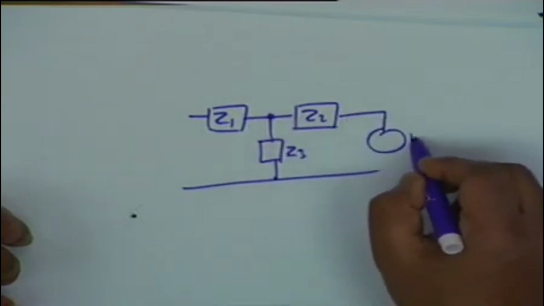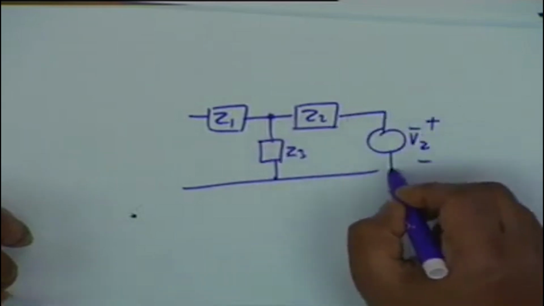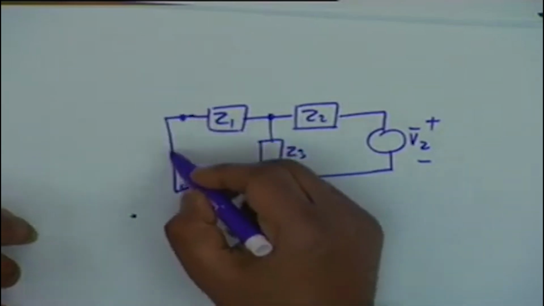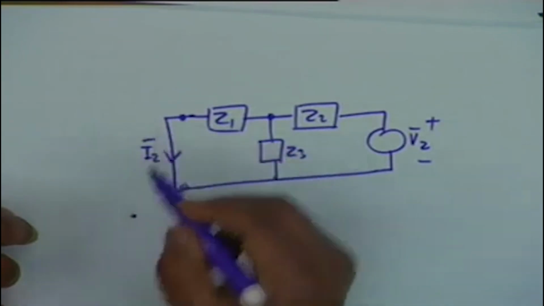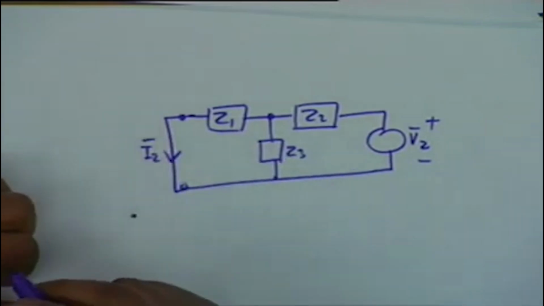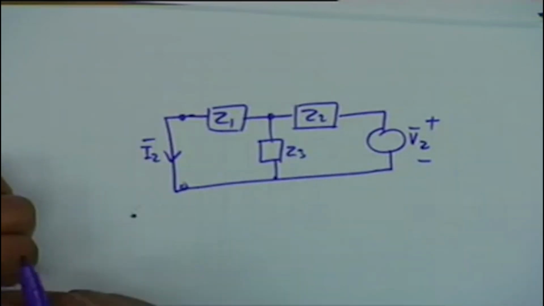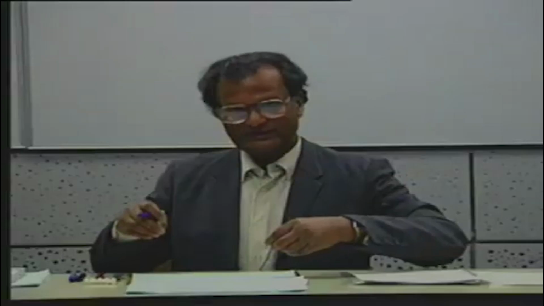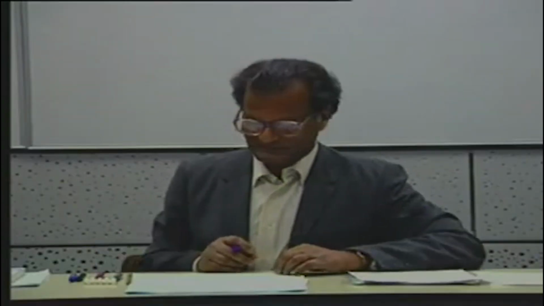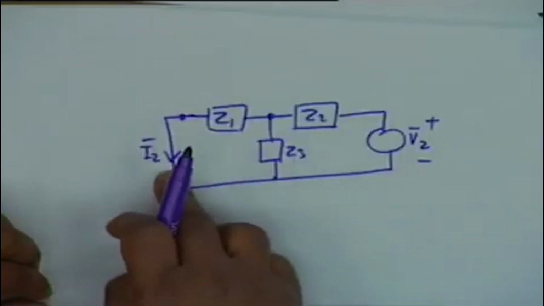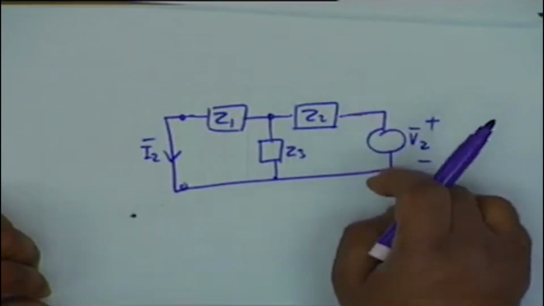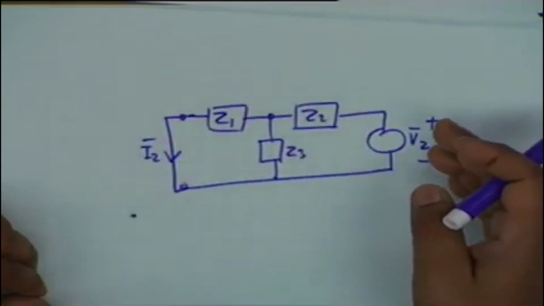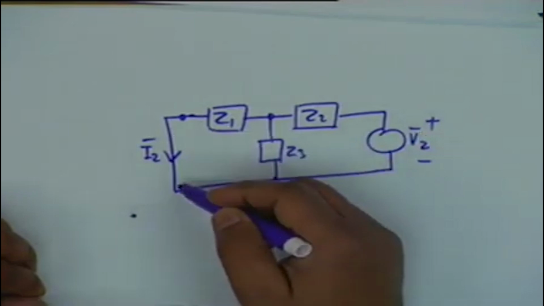I apply a different voltage source V2 here, and the response is obtained at port 1. Let's call this current I2. Do you see what I have done? I have simply interchanged the excitation and the response points. Initially the voltage source was here, and this was short circuited. Now I have transferred the voltage source to port 2, and I am measuring the current at port 1.